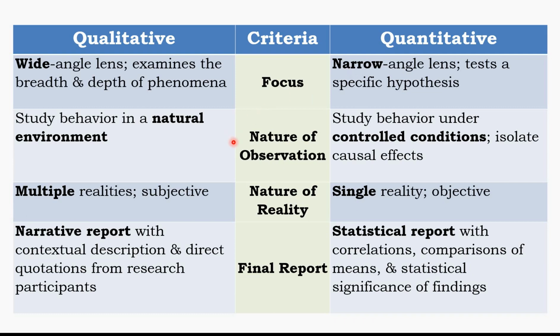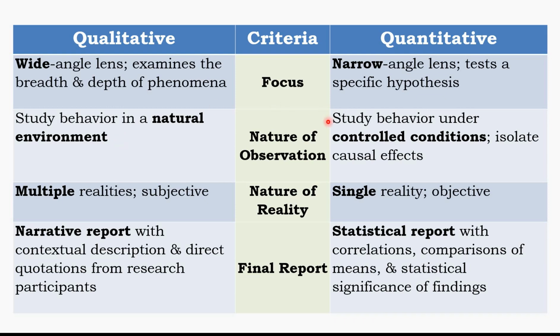While for the nature of observation for qualitative, you study behavior in a natural environment. And when we say natural environment, we're referring to specific context. So when you study a group of students, then you have to observe them in school. Or a natural environment could also be a workplace, which means you're going to observe your subjects in the place where they are.